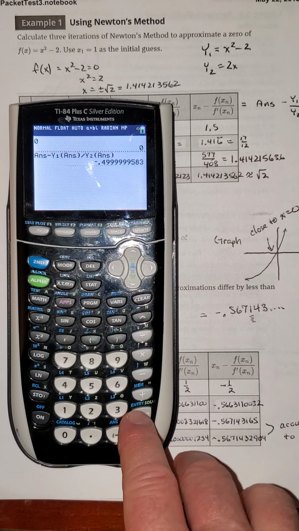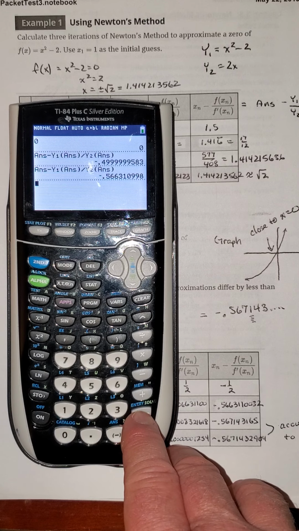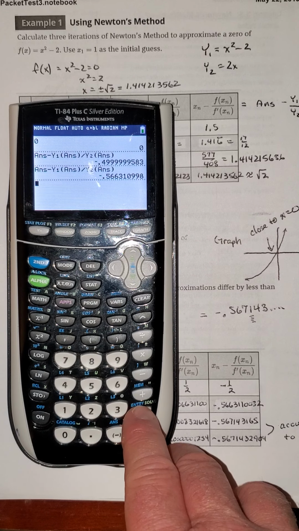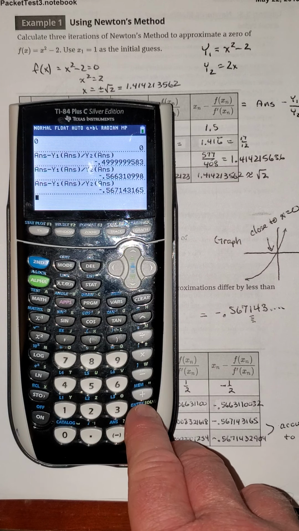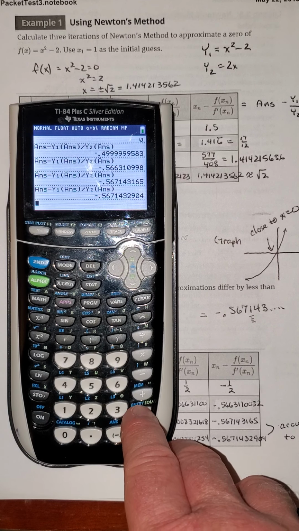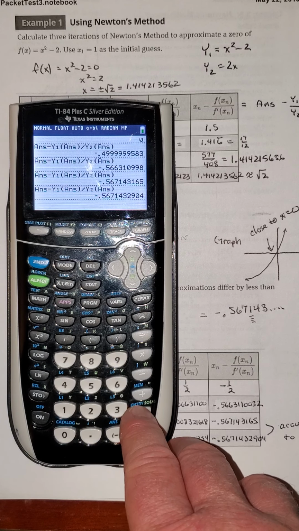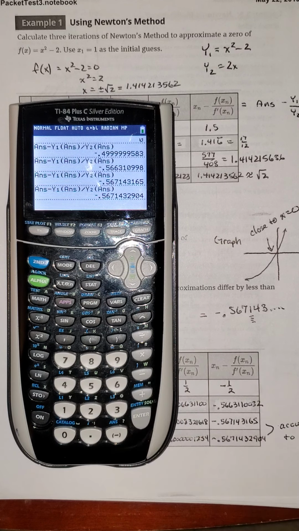And watch, boom, there's the negative 1/2, boom. You'll notice these numbers are a lot like the ones I've got in my table here. And that is accurate to 4 decimal places. Look, both of those have the same numbers through 5 decimal places, even 6.